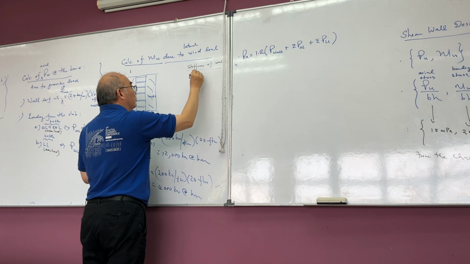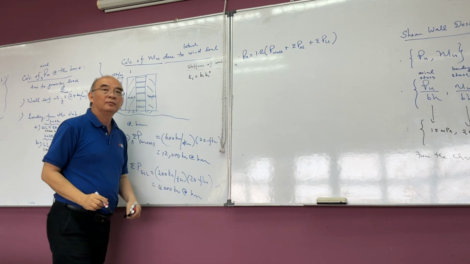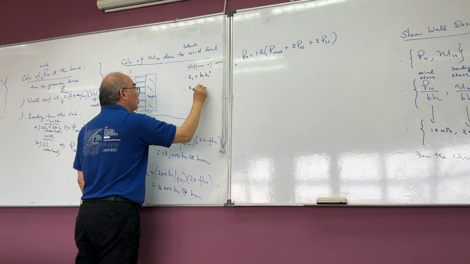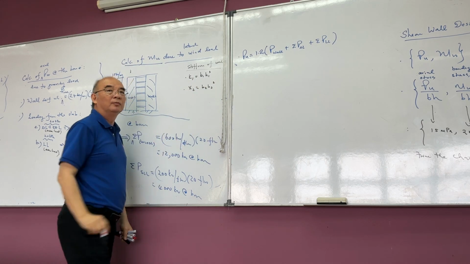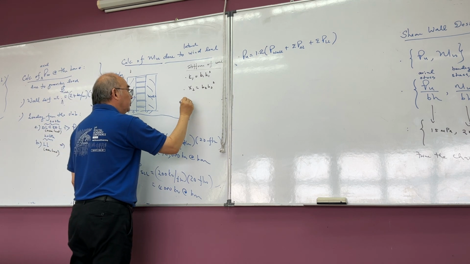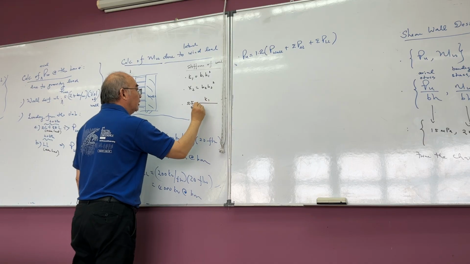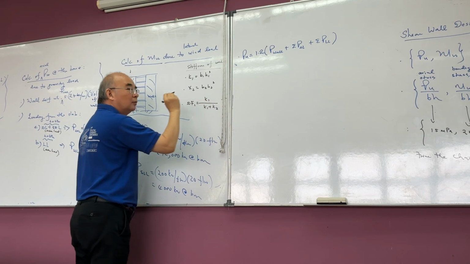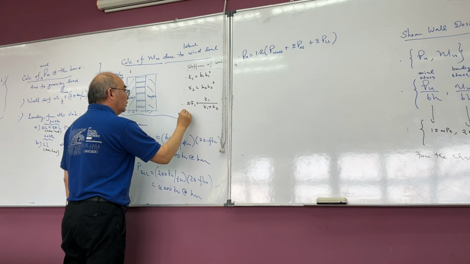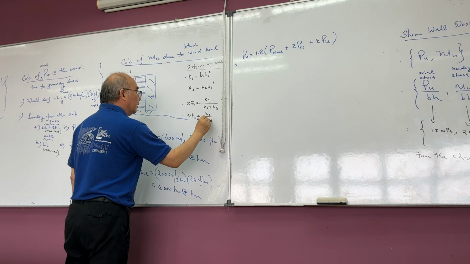K1 stiffness is equal to B1 H1 cube. Then K2 will be B2 H2 cube. Then we have to do the distribution factor to wall 1, which is K1 divided by K1 plus K2. And distribution factor 2 is K2 divided by K1 plus K2.